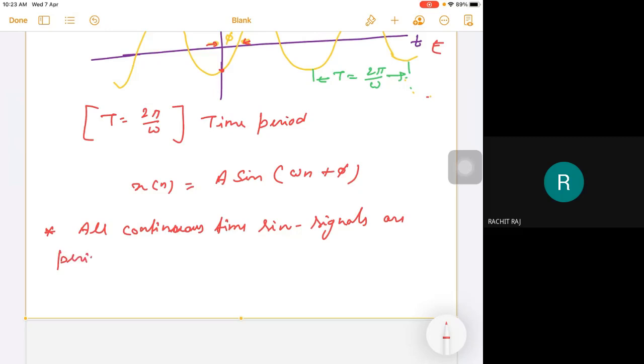Okay, I think we have learned about periodic and non-periodic signals, and we will see more in further lectures.